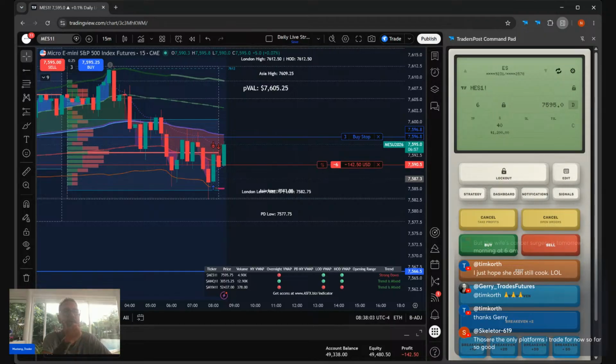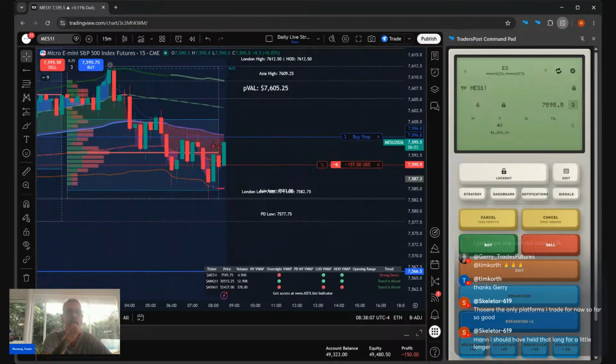I was thinking the previous day's close, Asia low. Am I going to lose the... Oh.